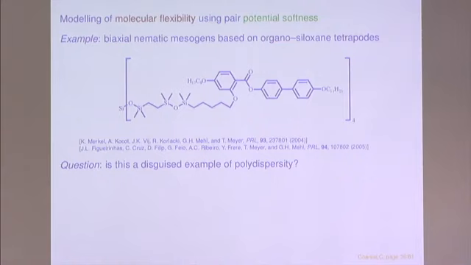I think we can have two different interpretations for this kind of mesogenic behavior. The first one is certainly related to the forbidden word that Dan Frenkel highlighted before, polydispersity. Since this molecule is very flexible, it can change shape very easily.